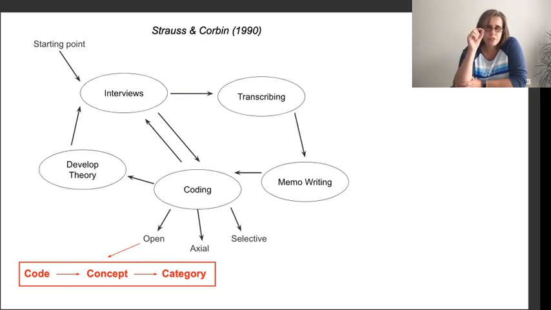Each item, perhaps a sentence or a word or a thing that you observed, will be coded, and that's just giving things a label. You'll then categorize those codes into concepts and then turn the concepts into a theory of a higher order, which would be your category.